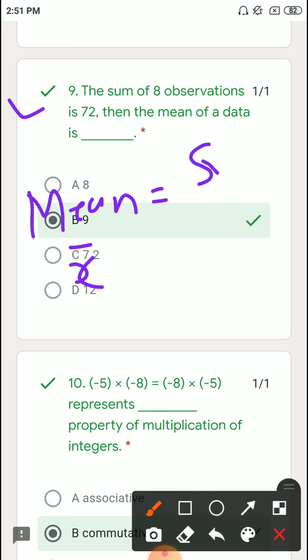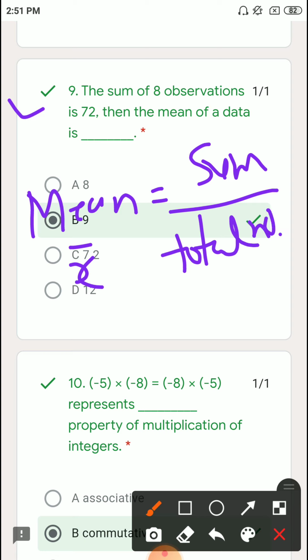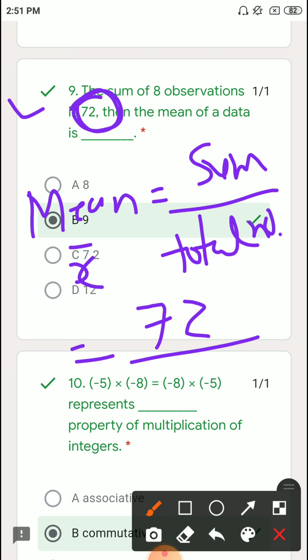The sum of all the observations divided by the total number of observations. Now here the sum of all the observations is given to you. The sum of 8 observations is 72. So the answer of sum is 72.